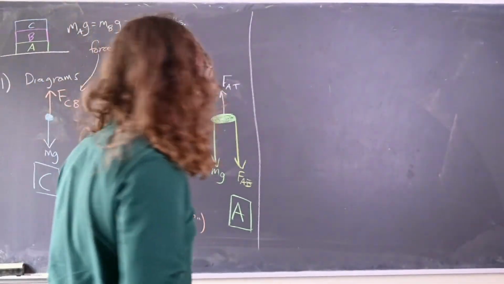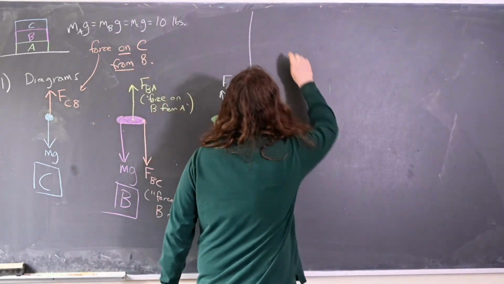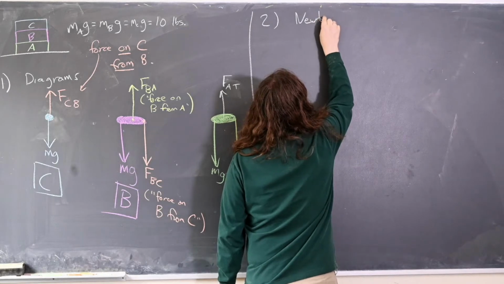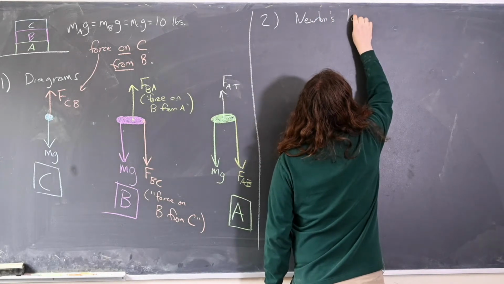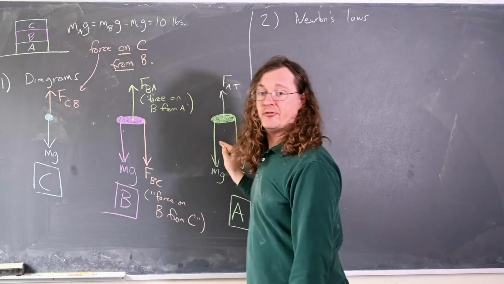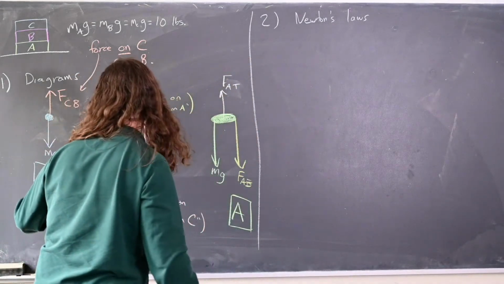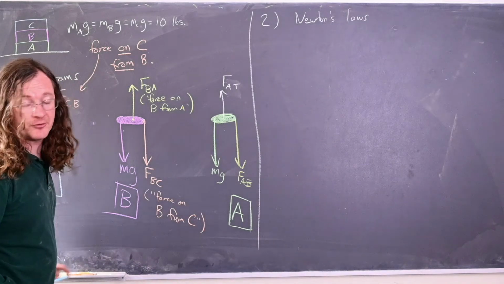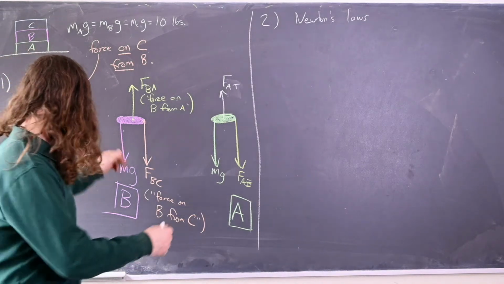There we go. Okay. The second step is always Newton's laws, where we write down the equations that correspond to our diagrams. So we should have three equations because we have three diagrams. We'll just do them one at a time.